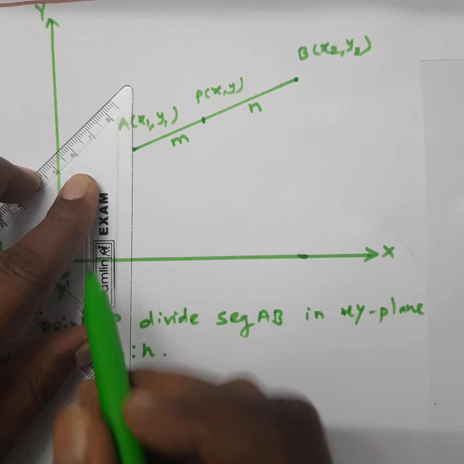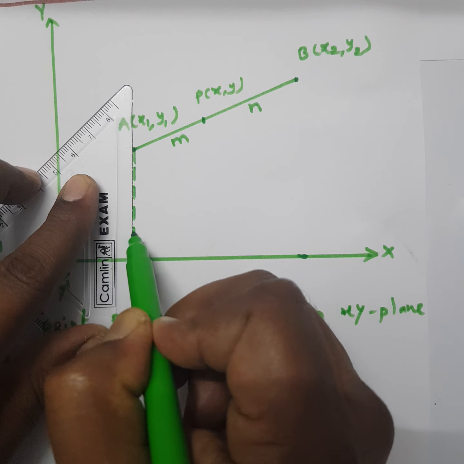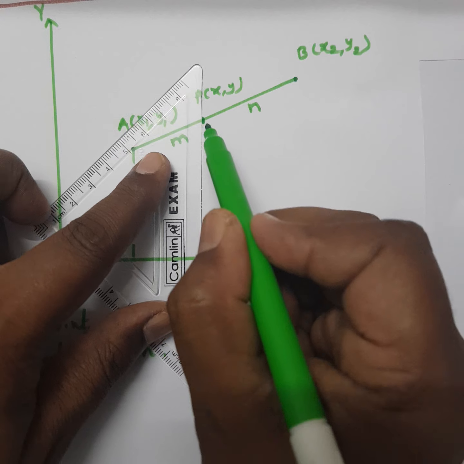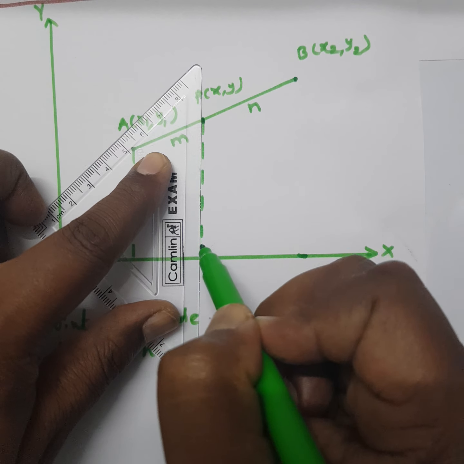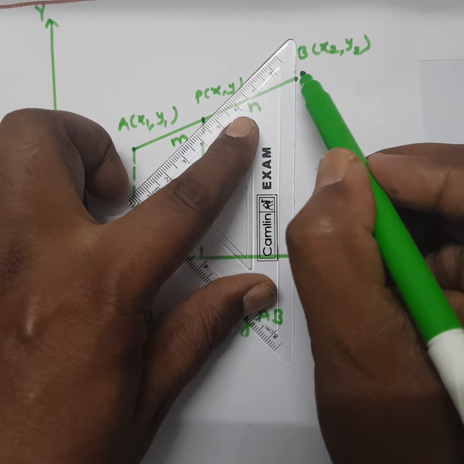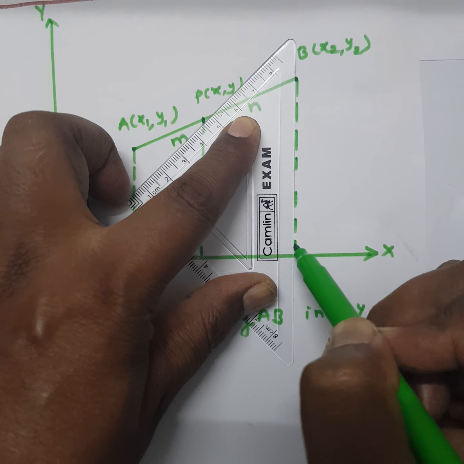First we will draw perpendicular segments respectively from points A, P and B on the x-axis.